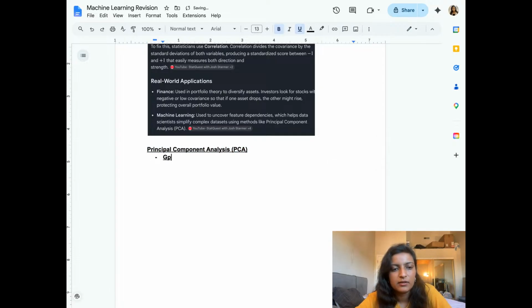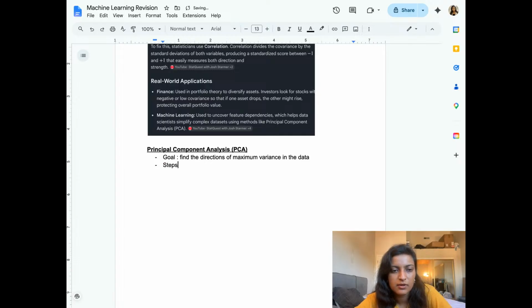The goal of PCA is to find the directions of maximum variance in the data.